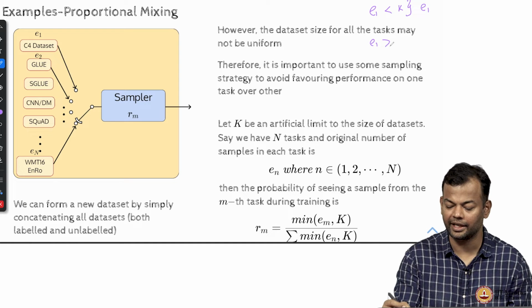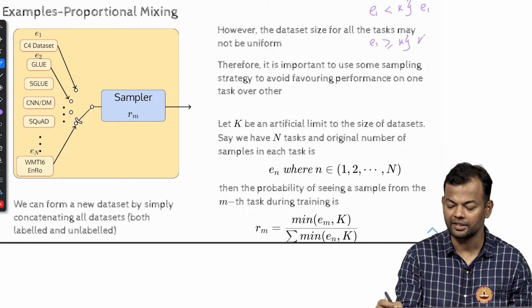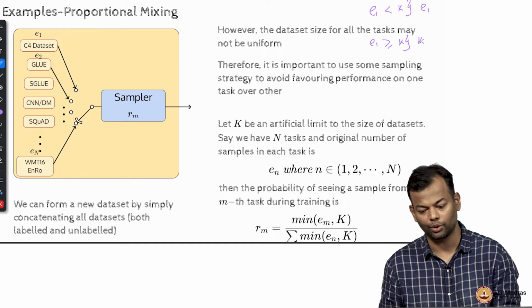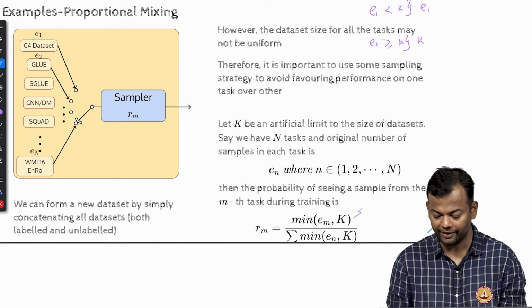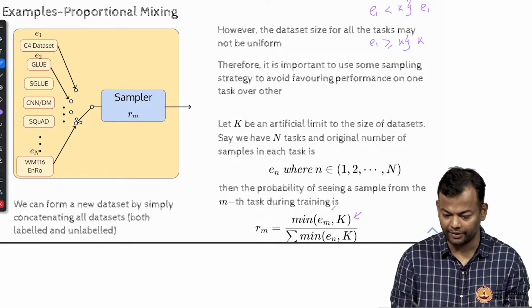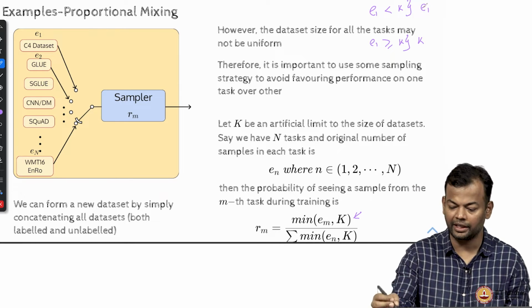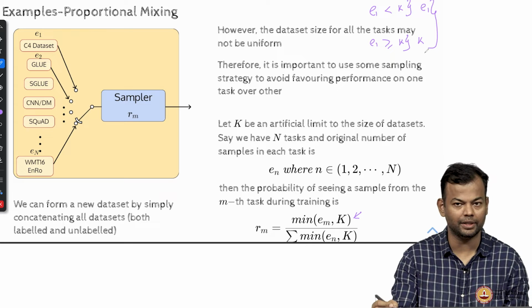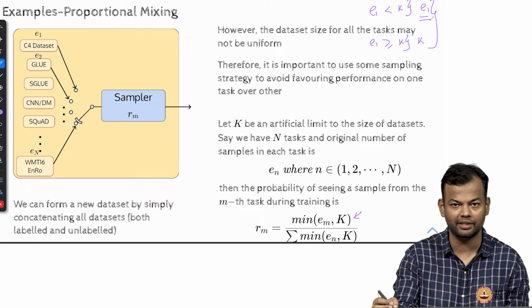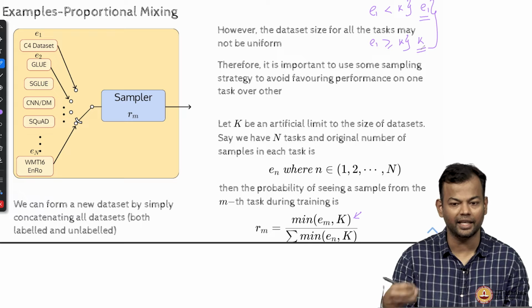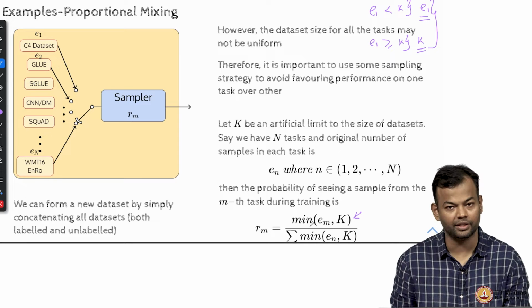Or E1 is greater than or equal to k, in which case it doesn't matter what the value is, you are going to see only k samples, right? So for a given task, whatever is the minimum of E1 and k, that is what you will see. If E1 is less than k, then you will see E1 samples. If E1 is greater than k, then you will see k samples, right?